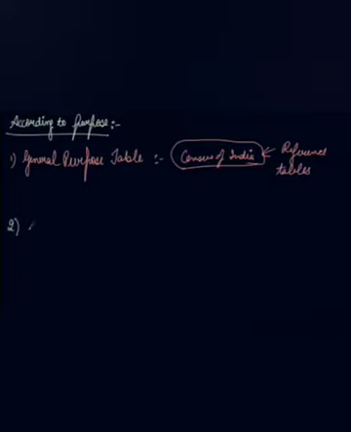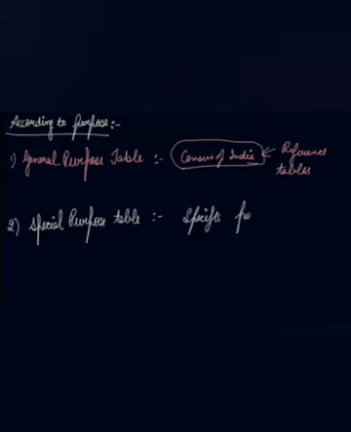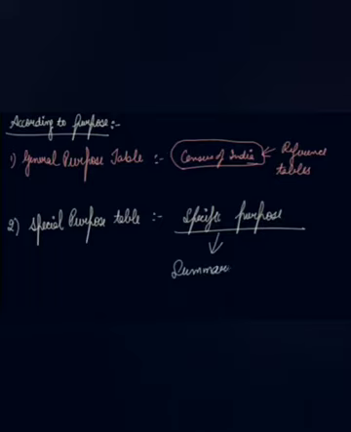The second is your special purpose table. The special purpose table is that table which is prepared with some specific purpose in mind. Generally, these are small tables limited to the problem under consideration, and these are also known as the summary tables.